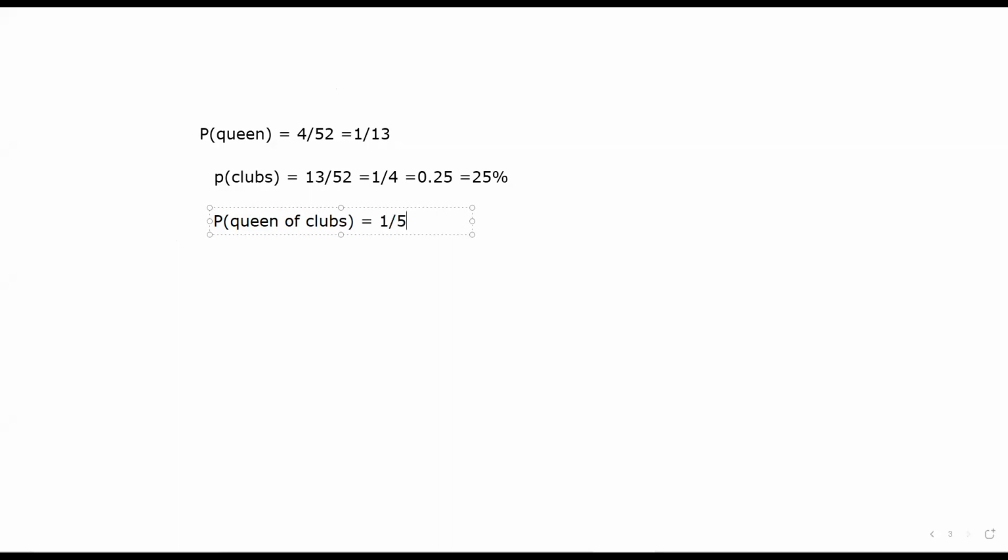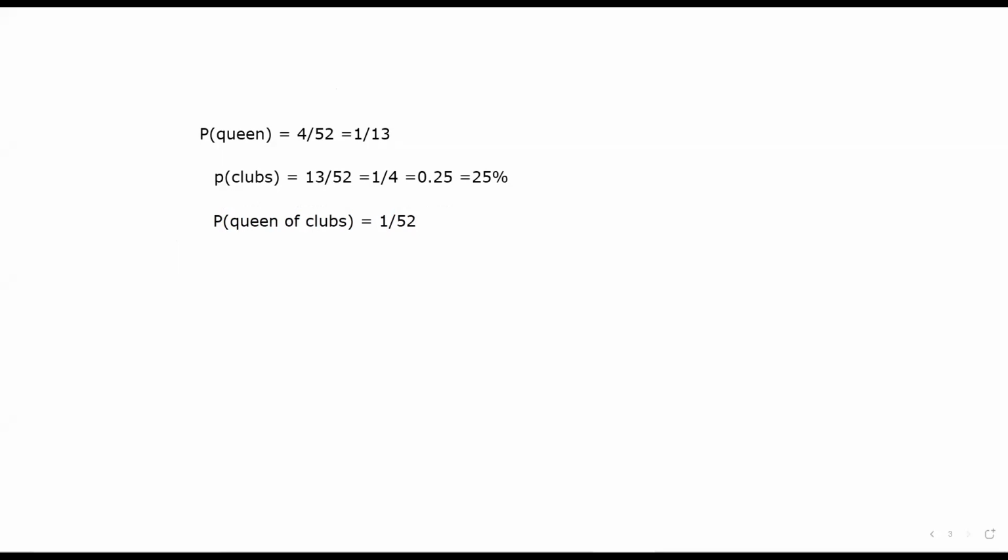Careful, 1 out of 52, because it's out of the whole group. There's one queen of clubs and 52 cards, right?